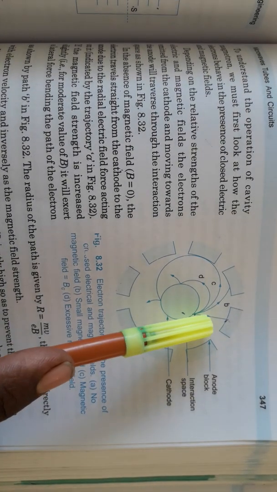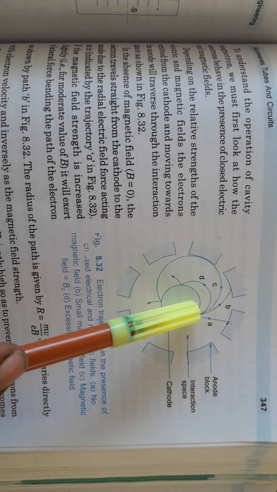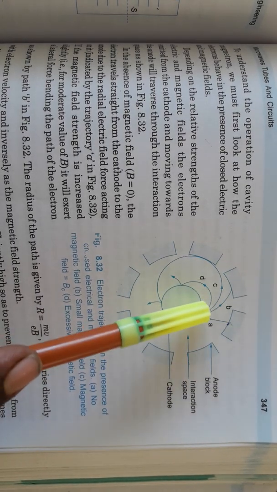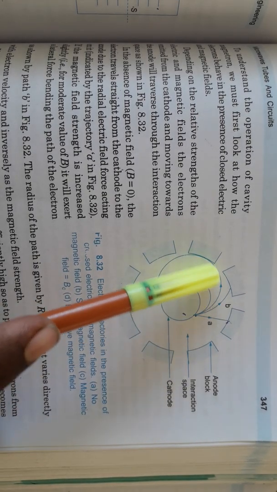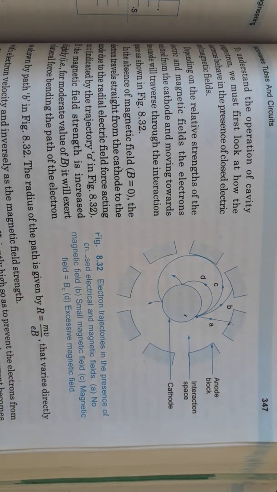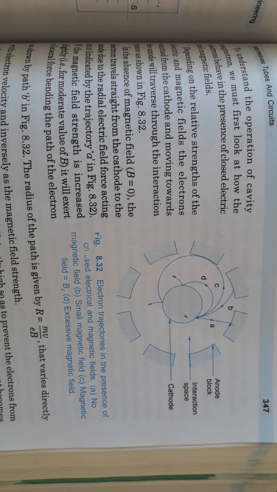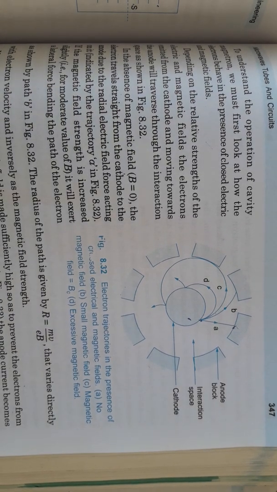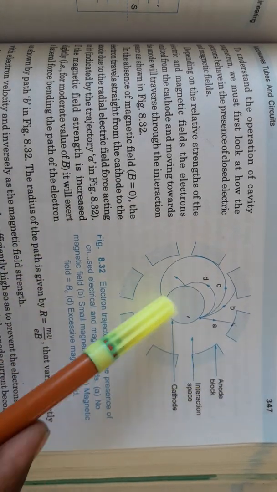So with a low magnetic field we get some curvature, like path B, and the field at which the electron will not reach the anode and returns back to the cathode is the critical field, Bc.